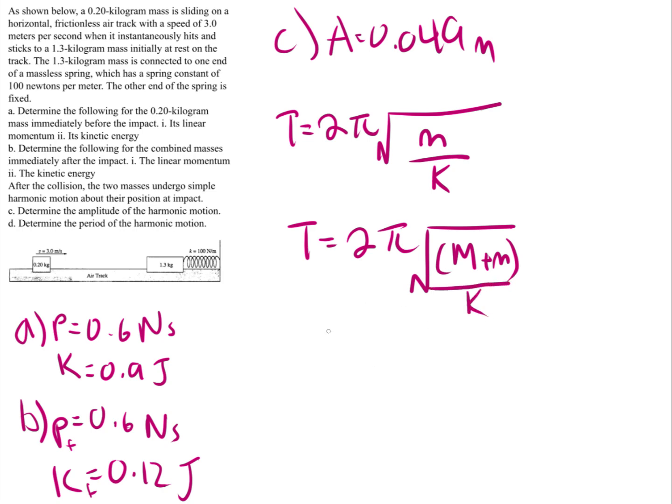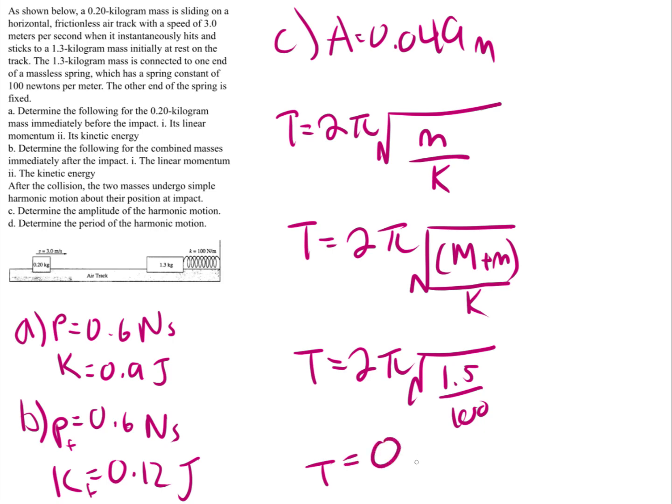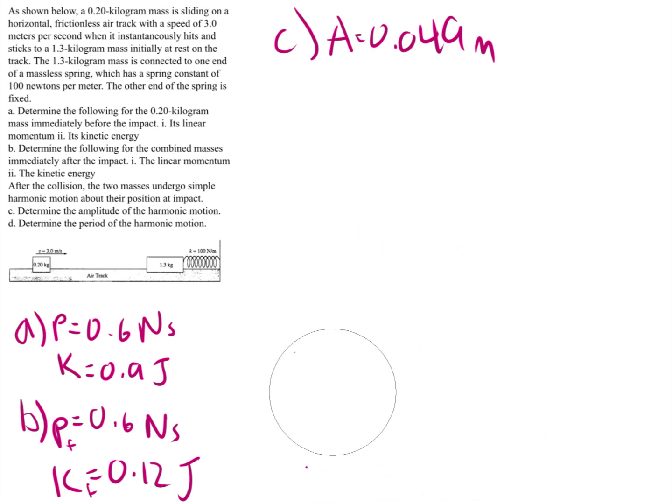So we plug everything in: 2 pi times the square root of 1.5 divided by 100 newtons per meter. And so the period is equal to 0.77 seconds. Everything is in 2 significant figures. So for D, the period is equal to 0.77 seconds. And that is how you would solve this problem.